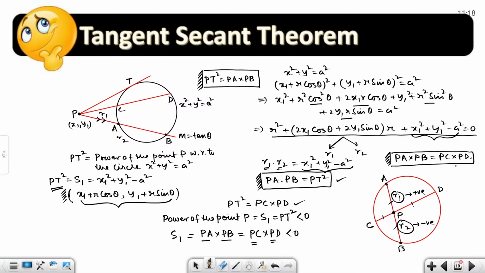This is the first thing you have to remember when the point P is outside the circle. And also remember that the same relation holds true even if the point P is inside the circle. Is it clear to everyone? Absolutely? Okay, so let's move to some problems based on this.